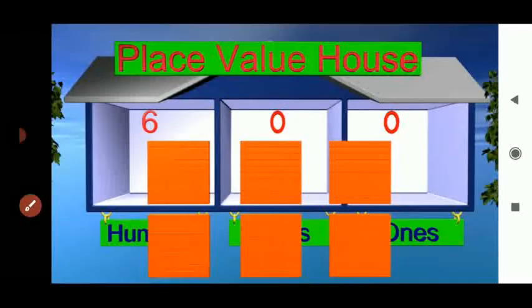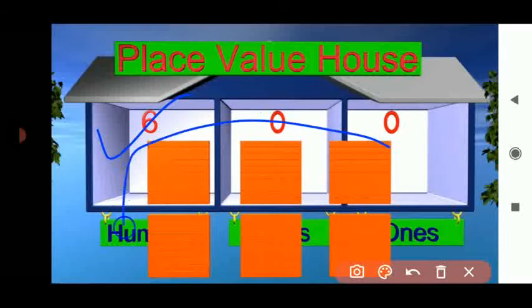Now if we move this 6 into the hundreds place, the number will become 600. We can show this 600 by using these big blocks of 100 grid. I hope you have understood the place value and how to place the number.